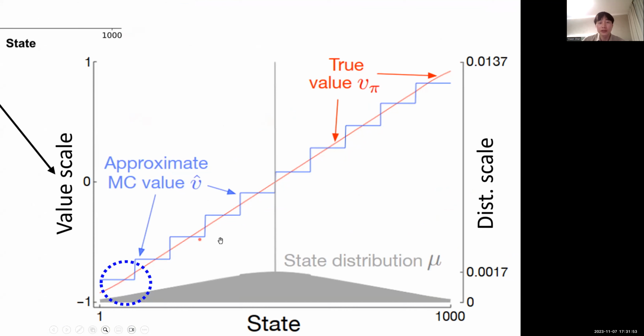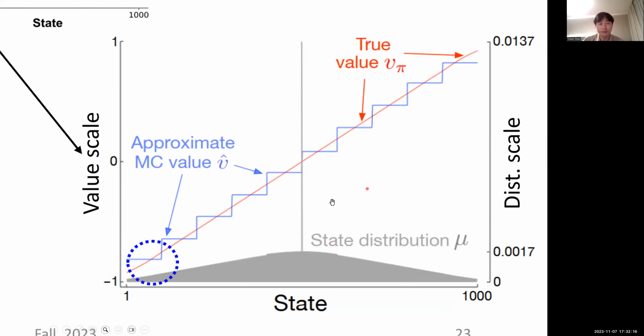Since we are grouping, you see this step-like rectangle function, because every 100 states are grouped together, they share one state value. But eventually it converged to this true value.